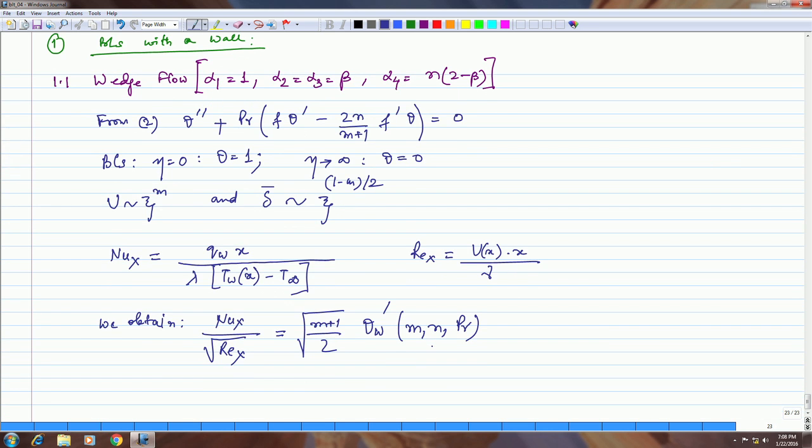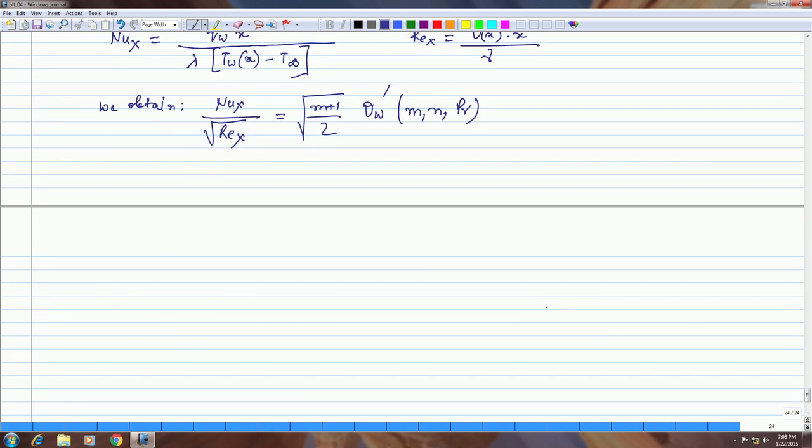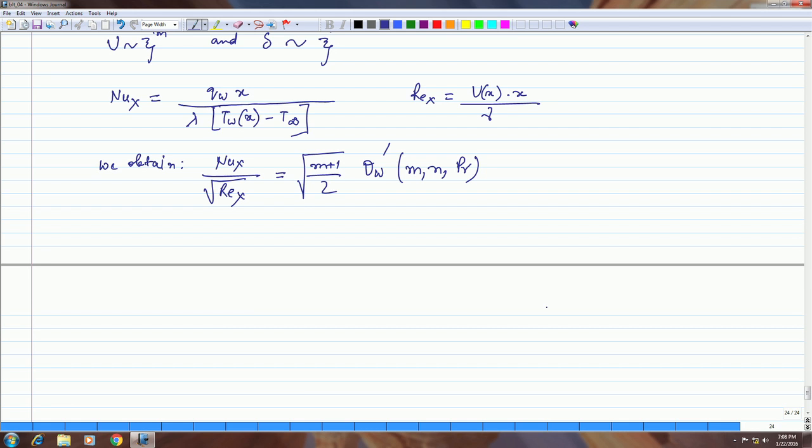And for the standard boundary condition, where the flux at the wall is constant, that is equal to this.